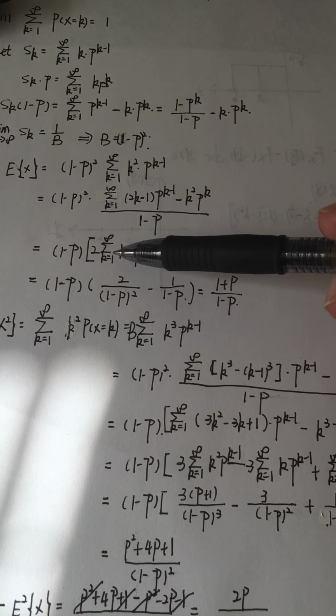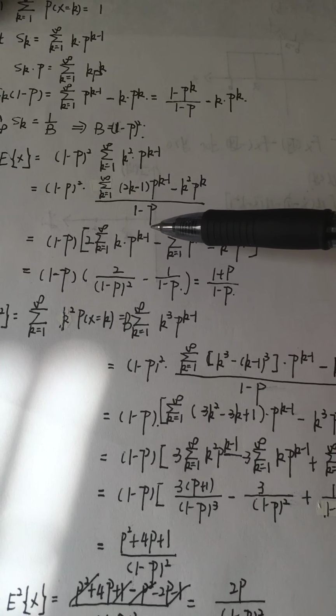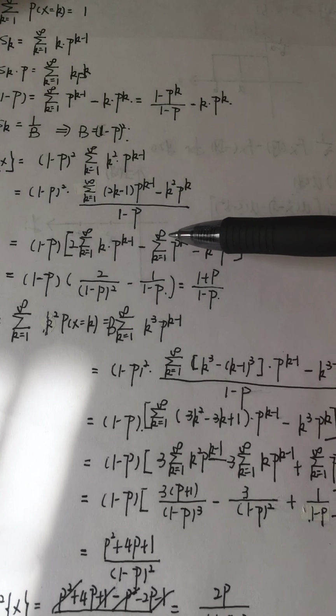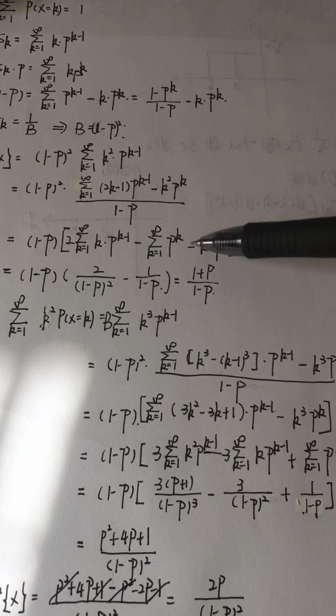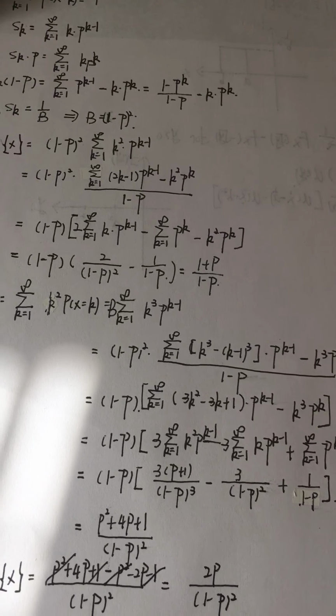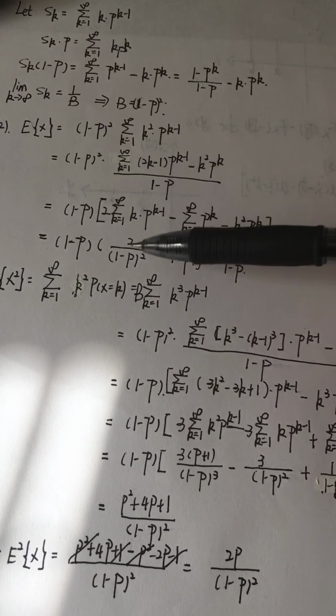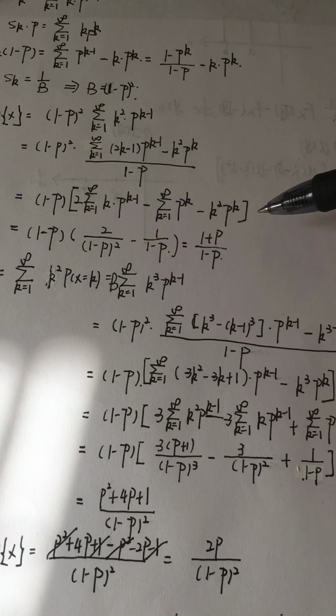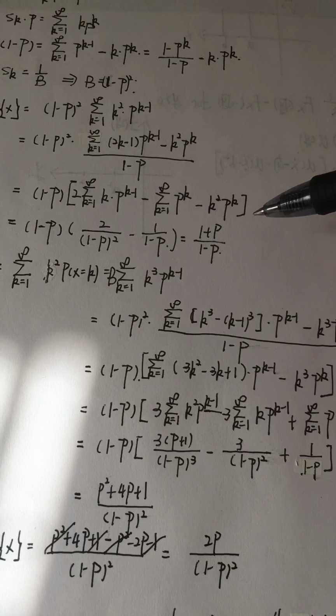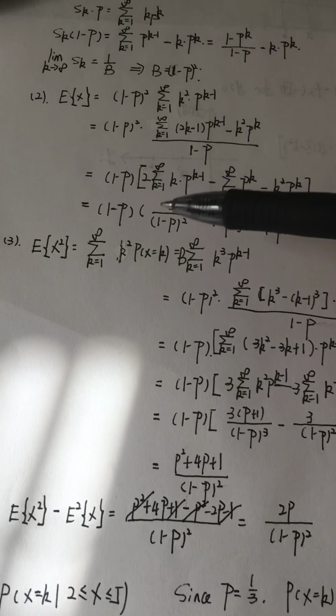It is 2 sigma k times p to the power of k minus 1, minus sigma p to the power of k, and last we get that E(X) is equal to (1 plus p) over (1 minus p).